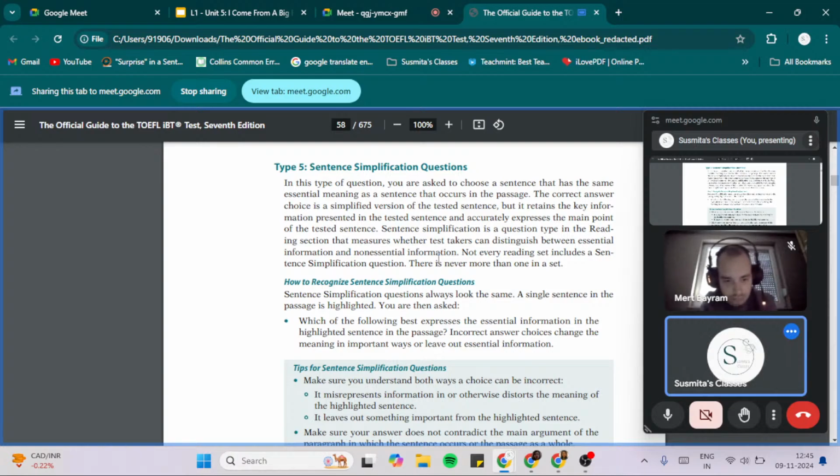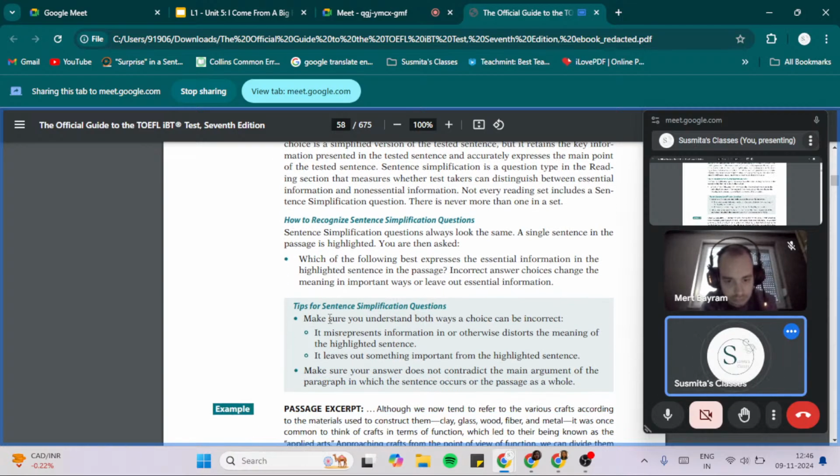Your question will always look something like this: Which of the following best expresses the essential information in the highlighted sentence in the passage? Incorrect answer choices change the meaning in important ways or leave out essential information. That is how the question will always look whenever it comes, if it comes, because it might never come, or there might be just one like this.